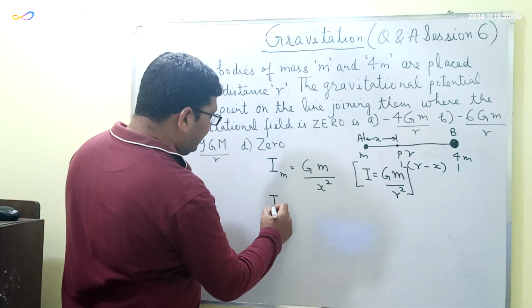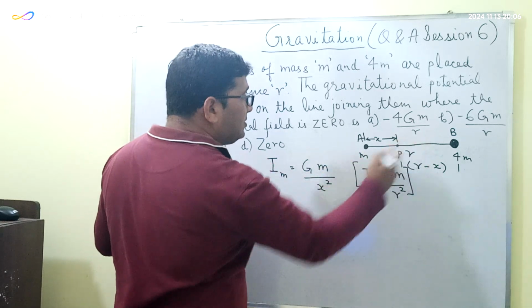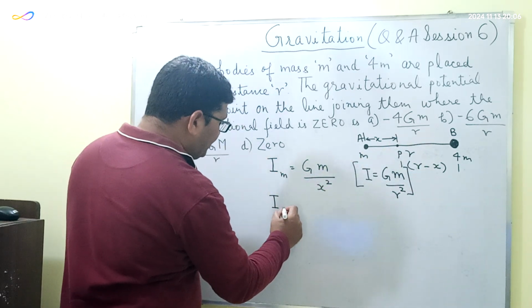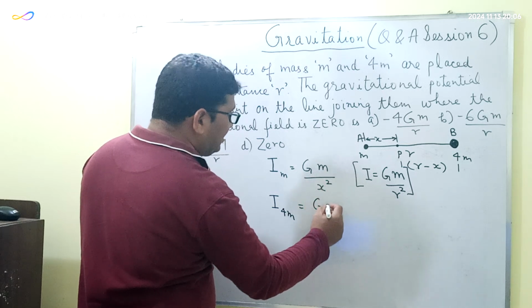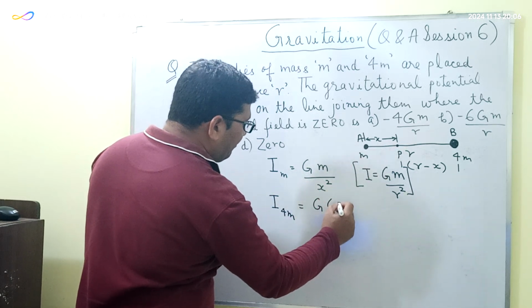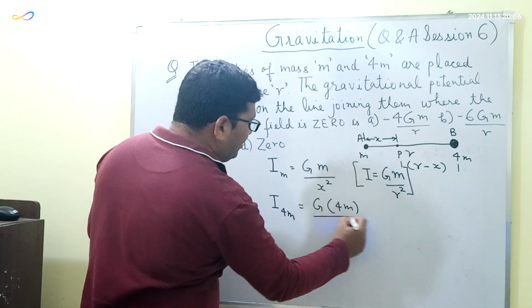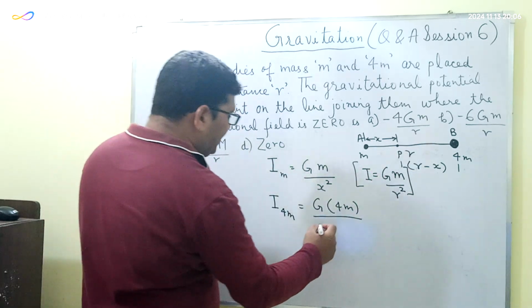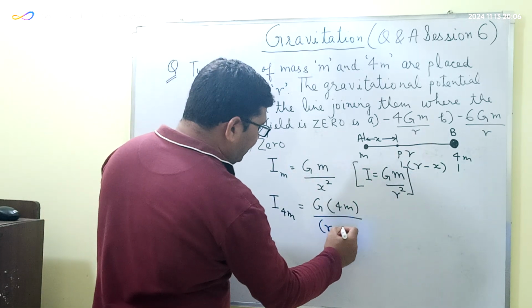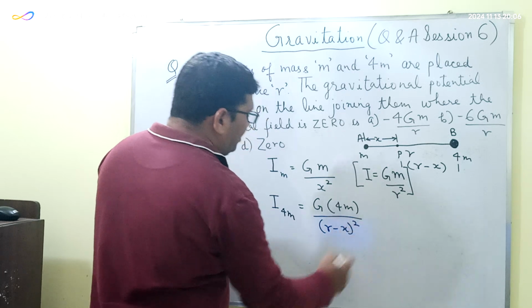Similarly, the gravitational field intensity due to the body of mass 4m, say I_4m, will be equal to G. Here the mass is 4m, and the separation between the point P and B is r minus x. So this will be G 4m divided by r minus x whole squared.